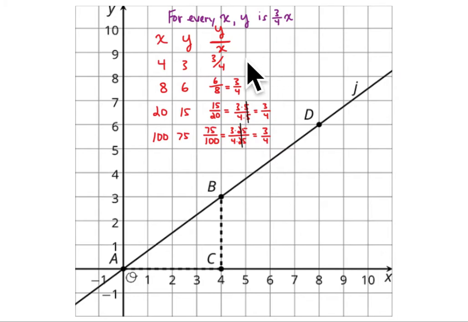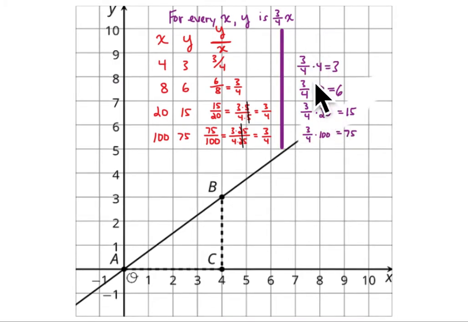So for every x value, y is 3/4 of x. That's the equation. That's written in words, but that's the relationship. That's the rule. So 3/4 of 4 is 3. 3/4 of 8 is 6. So for every x value, the y value is 3/4 of that x value. 3/4 of 20 is 15. 3/4 of 100 is 75.